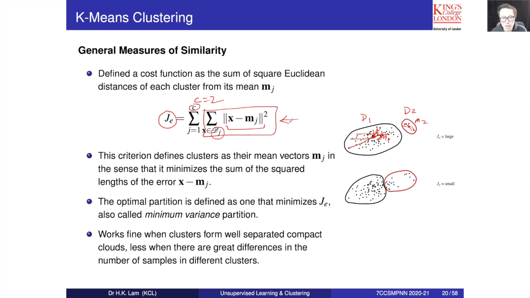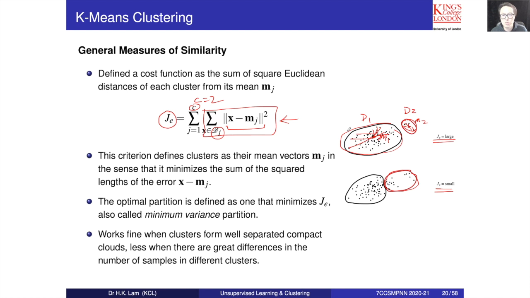We can find out that in this case, JE is large, and in this second case, if we construct the clusters in this way, JE is smaller. But when we look at the data set, it makes more sense to us that we have this boundary rather than this one, because there's a gap right here.